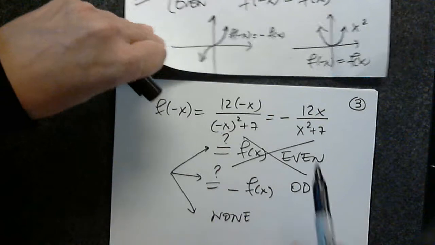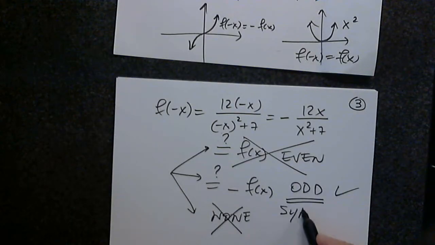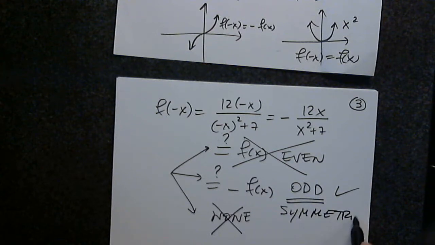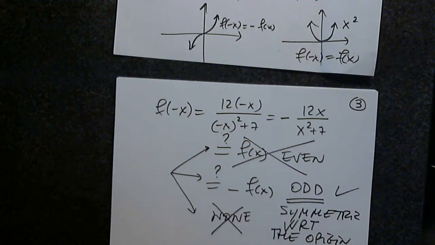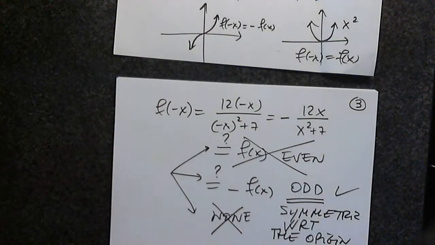Yes, of course. So the function is indeed odd, symmetric with respect to the origin. So they say here it is odd because f of negative x equals negative f of x.